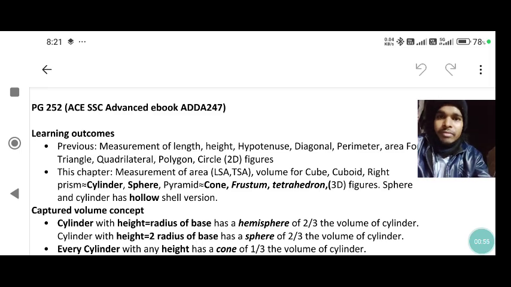and a right prism with a curved lateral surface is a cylinder, a sphere whose every side is curved, and a pyramid with a curved lateral surface is a cone.